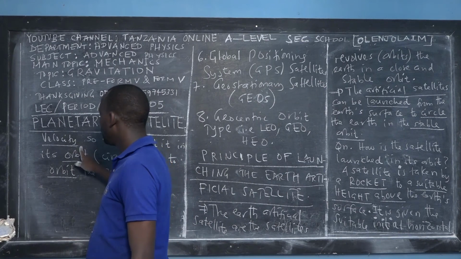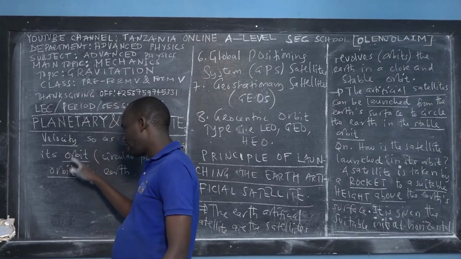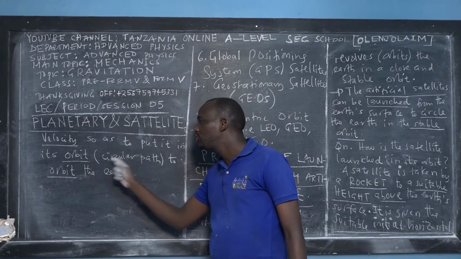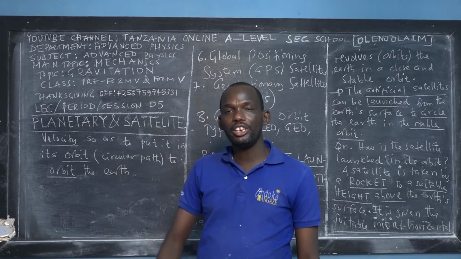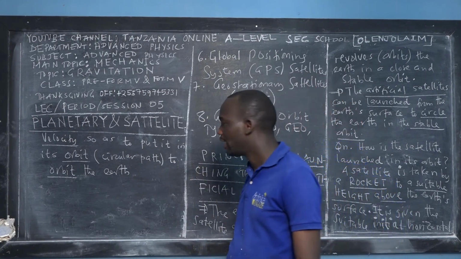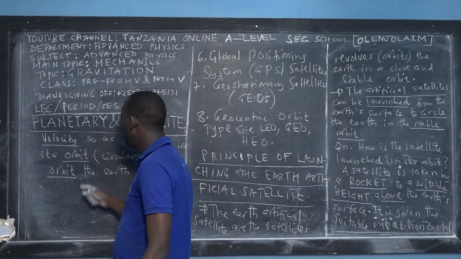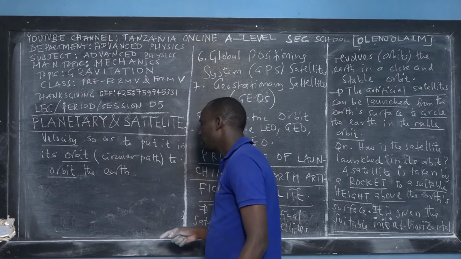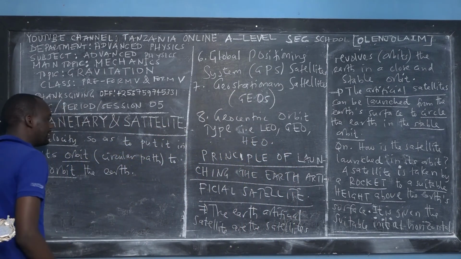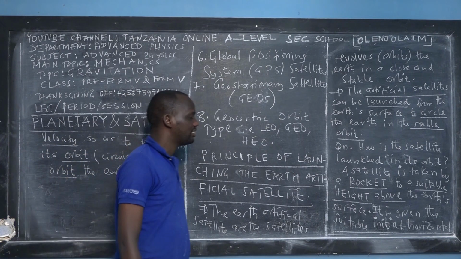It's not speed, because this is directional, it's a vector quantity, so as to put it in its orbit. Each satellite revolving around the Earth has its own orbit, right? It puts it in its own orbit, or in a circular path, to orbit the Earth. So that's what's happening in simple language.